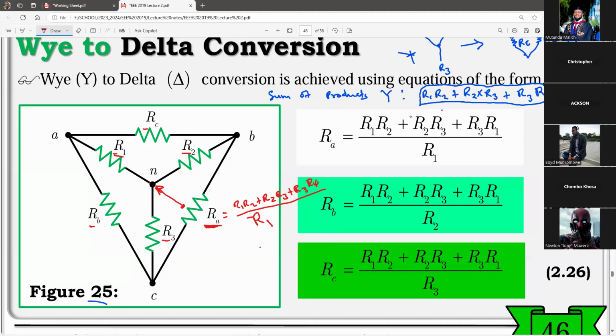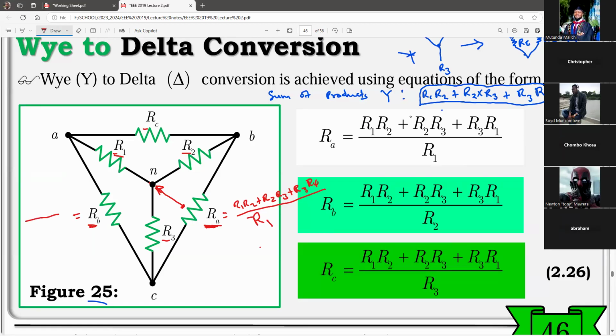Okay. So let's try RB. If you want to find RB, we already know what the numerator is. But what is the denominator? RB is not connected at all to R2. That will be the denominator. Or we are saying that the denominator when determining RB is the resistor that, when you look into the Y, is directly opposite to RB.